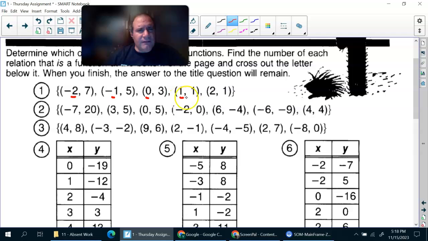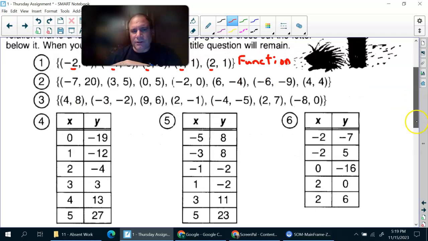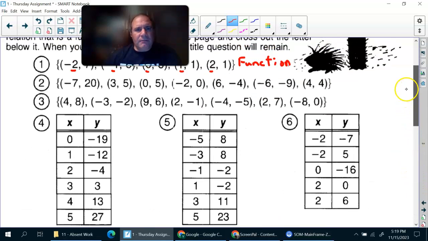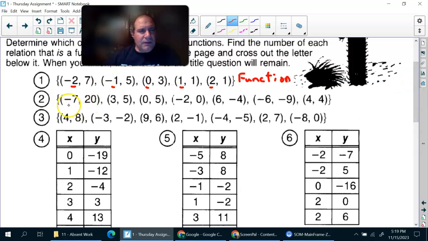So we have 1, 2, so nothing repeats. This is a function. So it says find the number of each relation that is a function. So 1 is a function. So we're going to go all the way down and we're going to cross that out. And then we're going to go back up and we're going to see -7, 3, 0, -2, 6, -6, 4.